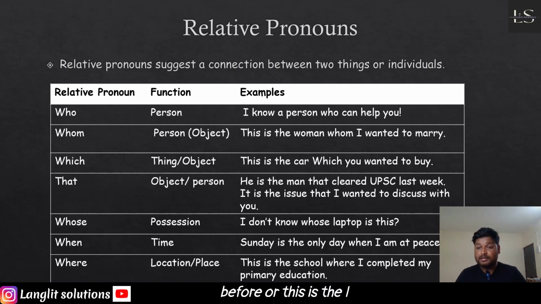I know a place where you can get this mic. I know a person who can help you. I don't know which car you are going to buy. I don't know who has cleared UPSC. I don't know that man you are talking about. I don't know whose glasses are these. So all these are relative pronouns in English.